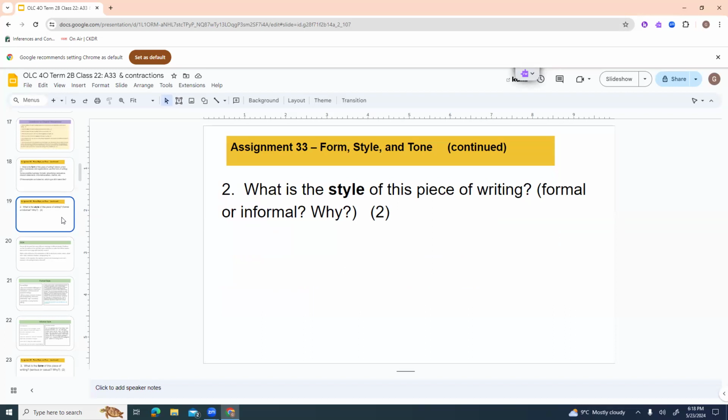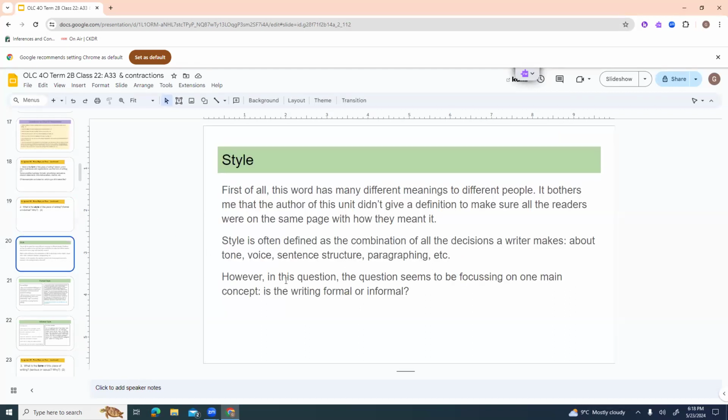What is the style of this piece of writing, formal or informal, and why? Okay, first of all, this word has many different meanings to different people. And it really bothers me that the author of this particular unit didn't give a definition to make sure all the readers were on the same page with how they meant it.